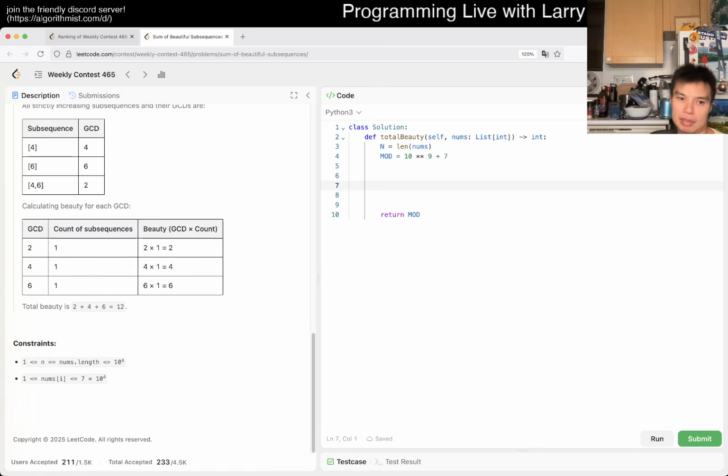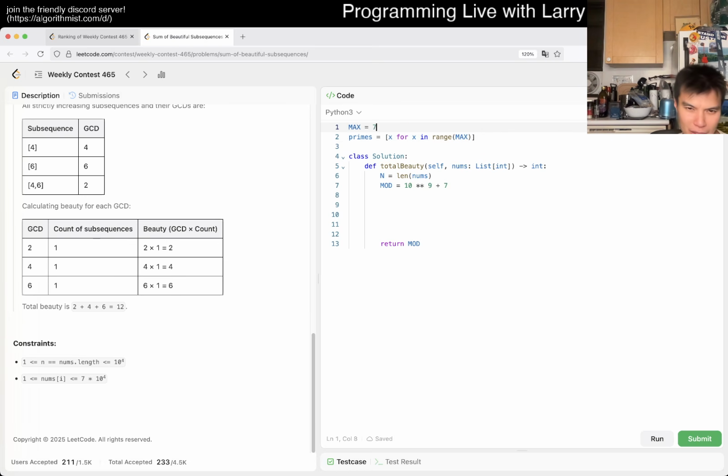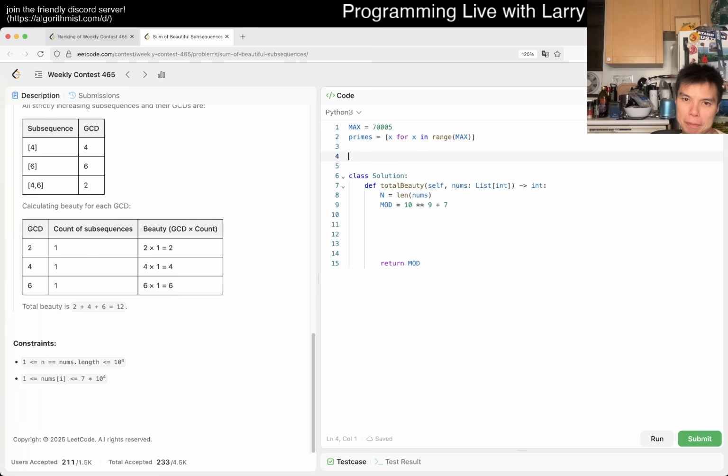There is definitely a sieve in here. Let's see what that would look like. I don't know why it is such an odd number. 1, 2, 3, 4.